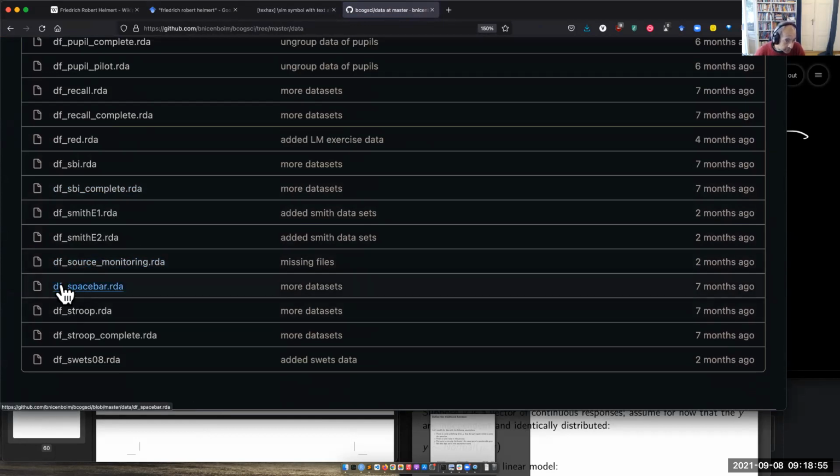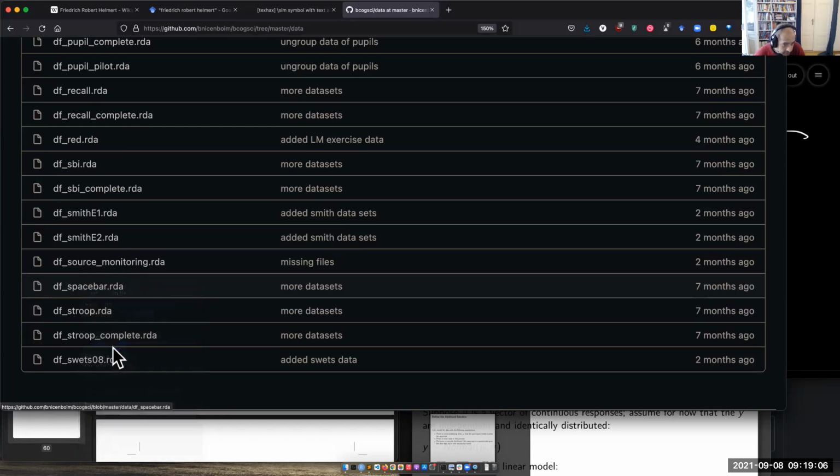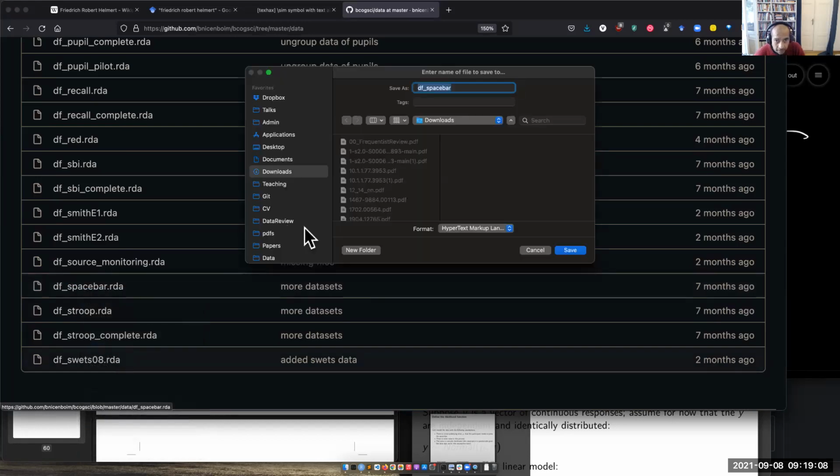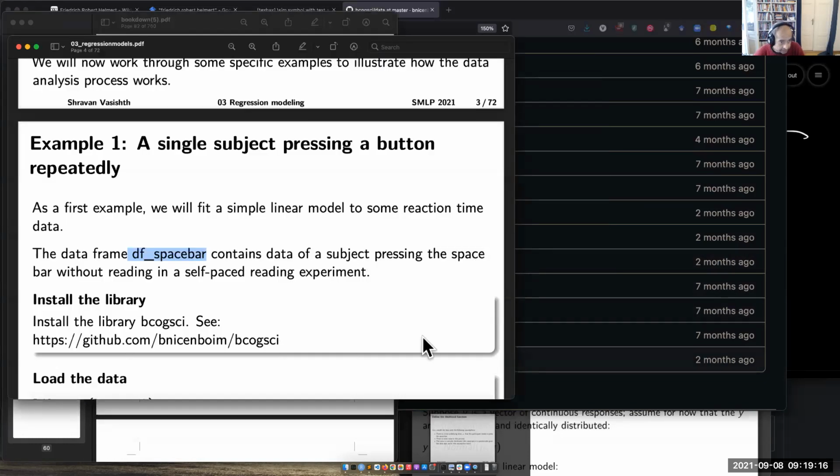So just download this thing here. Just right click. I suppose this is what should work. Save, will this work? This might work, let's try. Yeah, right? So DF spacebar will be downloaded onto my hard drive if I right click on that thing, and then I can just keep working as if I have that data set by loading it.